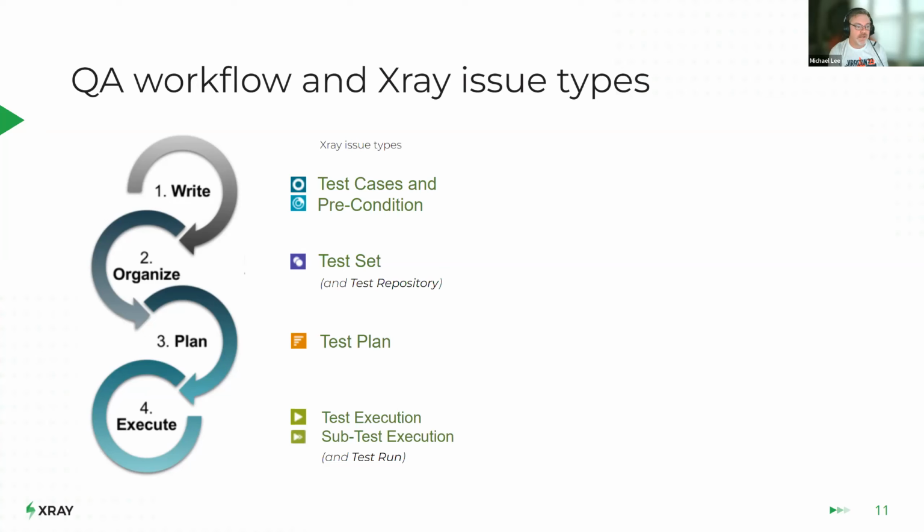Then underneath that, we have test executions. So I mentioned test cases are where the steps are defined for the test. In the test case, you do not define things like the specific execution environment for that test. That information is stored in the test execution issue type. That test execution issue type is where you will tell it the build, the version, the deployment environment.